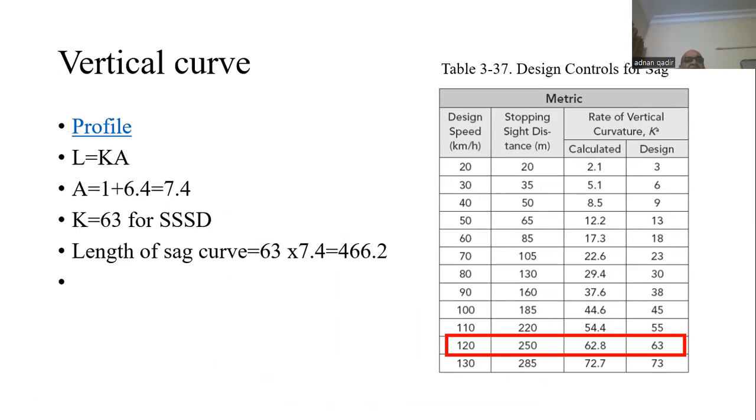So once you know your speed, you can find K from Table 3-37. Since our speed was 120 kilometers per hour, our K value is 63.